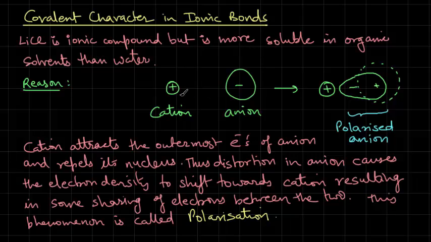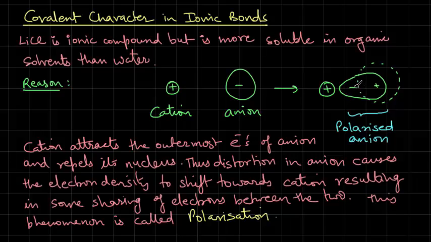Why? Li is a very small atom, so its cation will be very small. Cl is quite big, which will be the anion. Being smaller in size and having a positive charge on it, since it's an ionic compound, this will pull the electron cloud of chlorine a little bit towards itself.